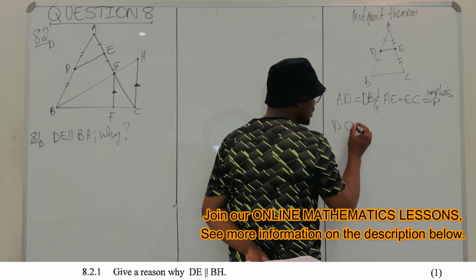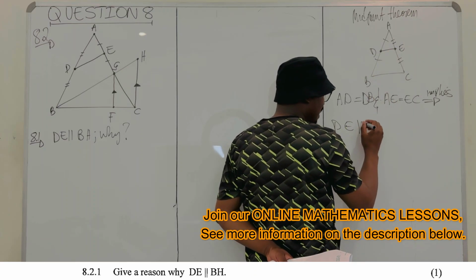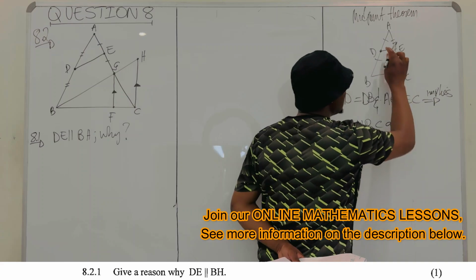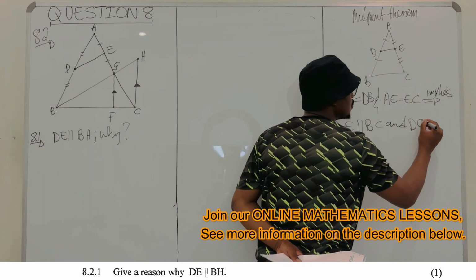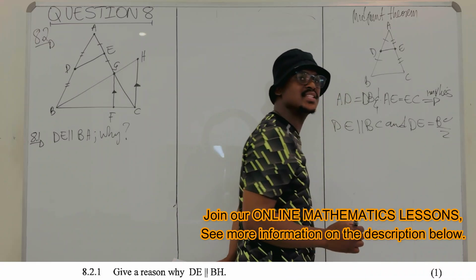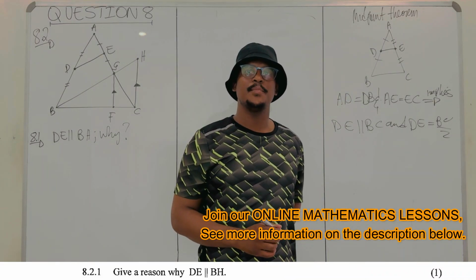Your DE, which is this length over here, will be parallel to what? To BC. And the length of that DE of yours will be equal to BC over 2, which is half of BC. That is the midpoint theorem.